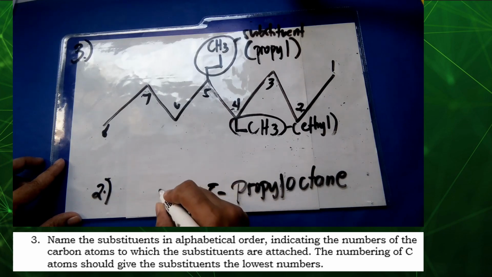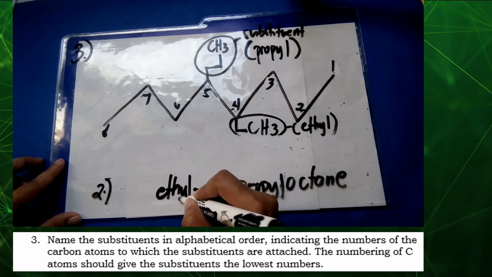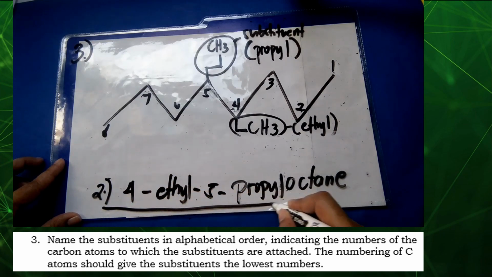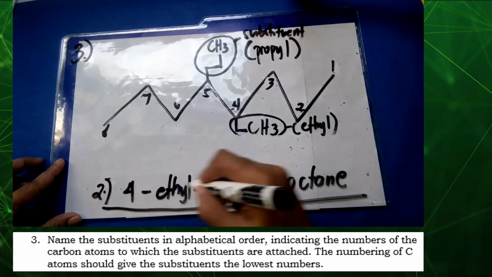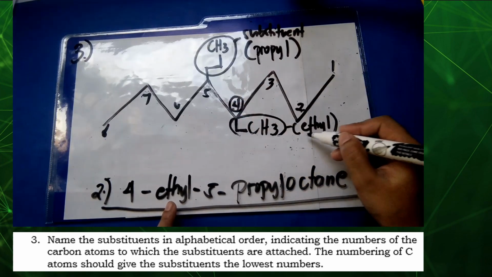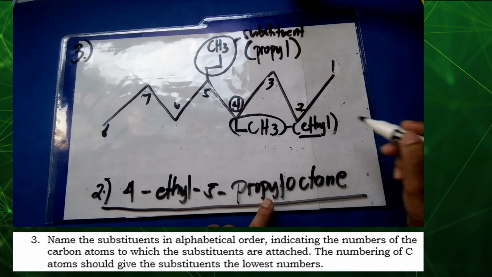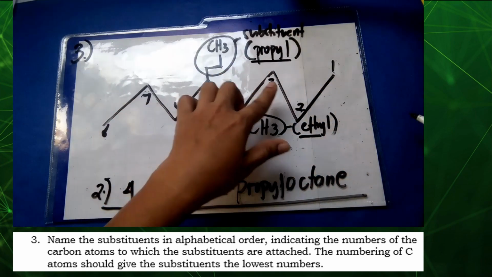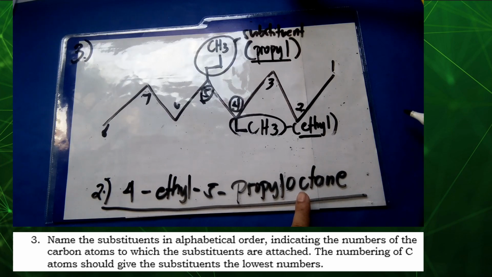And then, si ethyl ay nasa number 4. Okay, so that is the correct name of this structure here. So, we have 4-ethyl, ethyl, 5-propyl. And then the parent chain contains 8 carbon atoms. So, that is octane. So, that is the name.